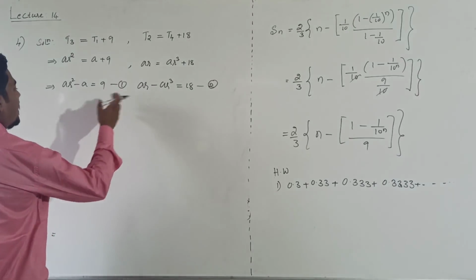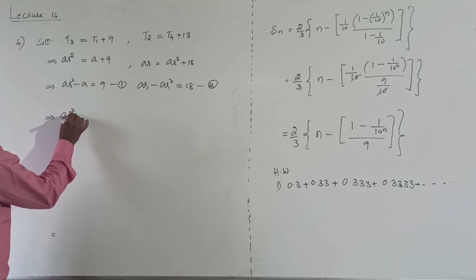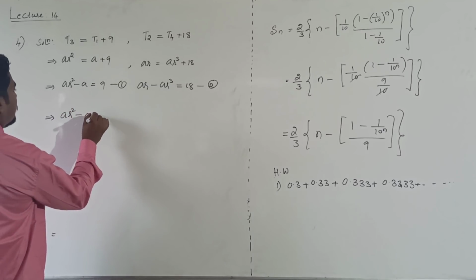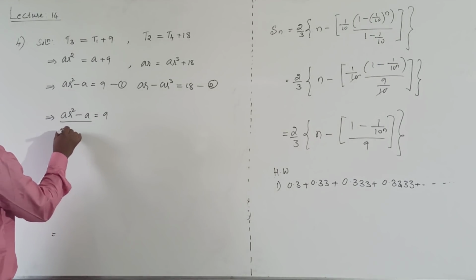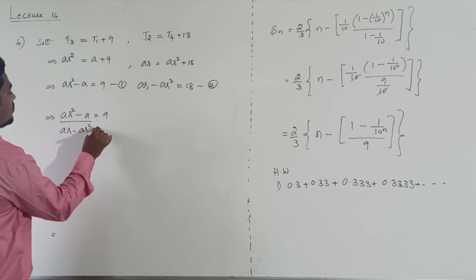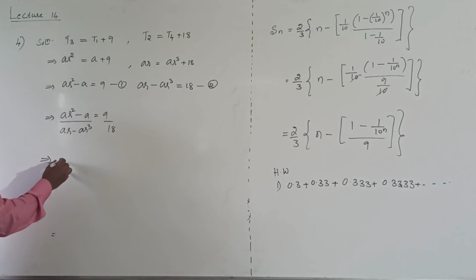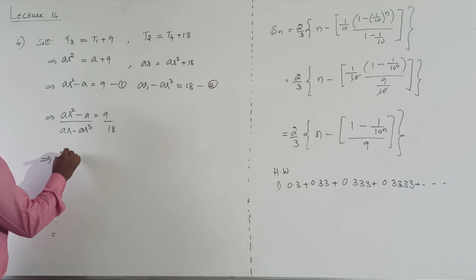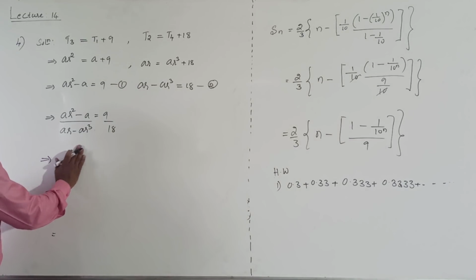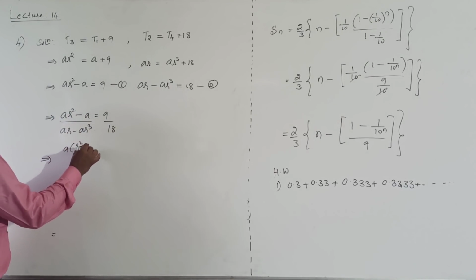Now, dividing 1 by 2: (a r square minus a) divided by (a r minus a r cube) equals 9 divided by 18. Taking a common in the numerator, it will be r square minus 1.